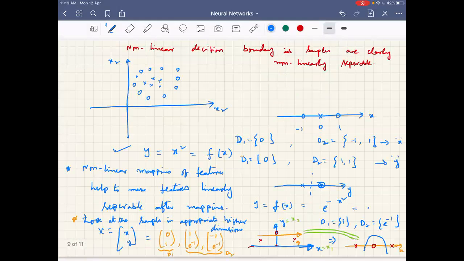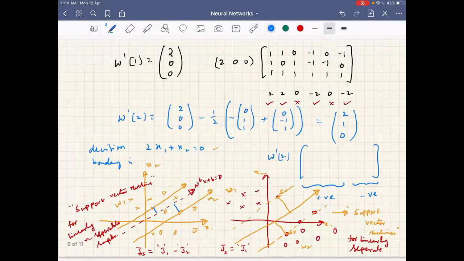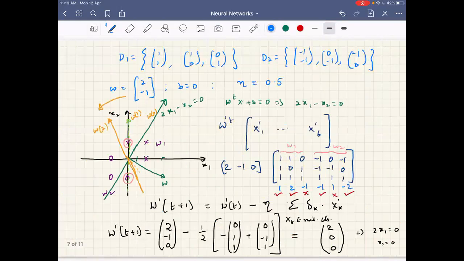Why do you think f is linear here in perceptron? Basically, we are not assigning. See, even in perceptron, if W transpose x plus b is greater than 0, I'm putting it to one class, and if W transpose x plus b is less than 0, I'm putting it to the other class. So in that way, f is nonlinear only, right?